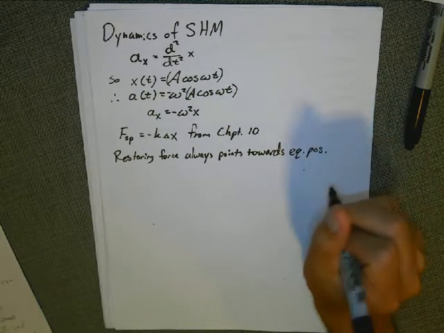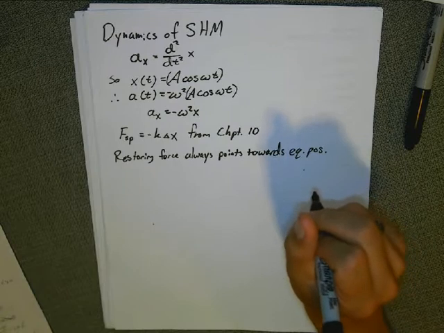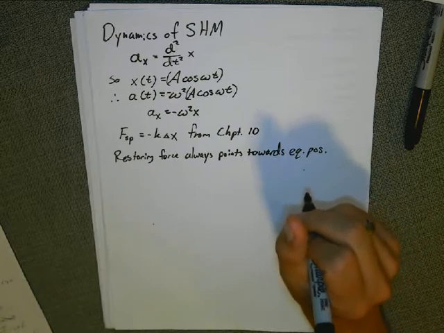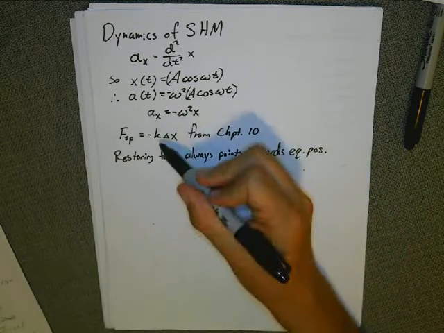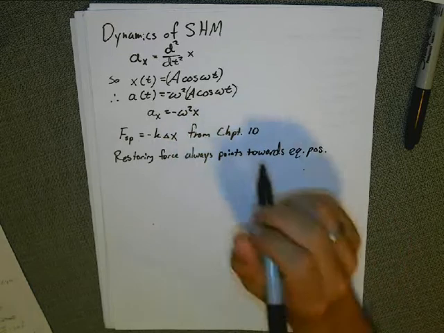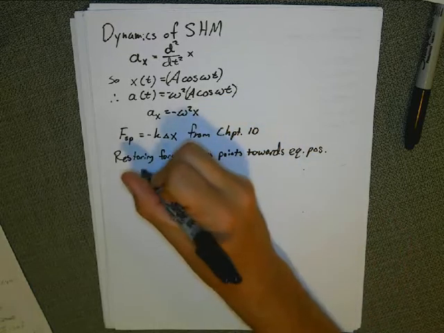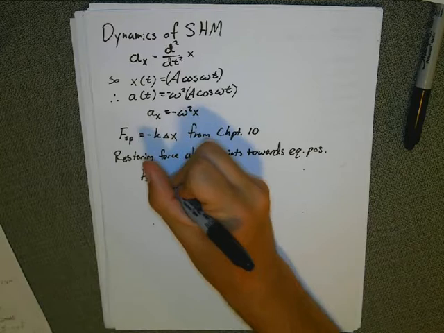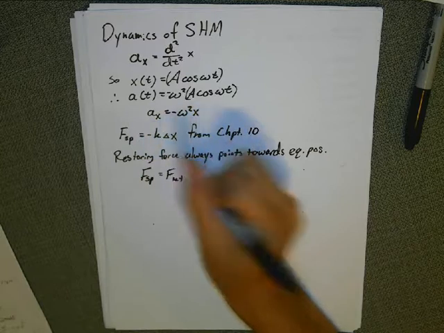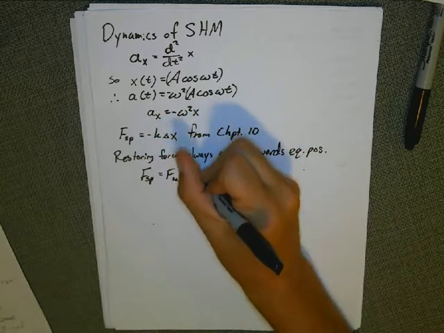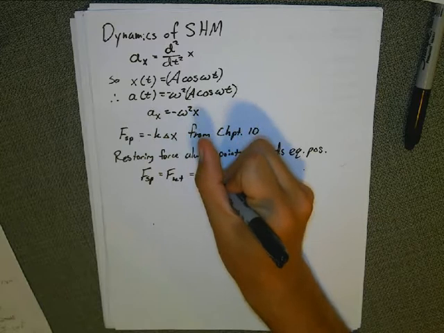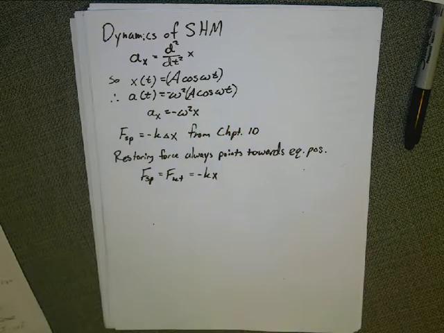So when we use Newton's second law and Hooke's law, we have the spring force. The net force is just the spring force, negative kx for the x direction, if we're just talking about horizontal springs.